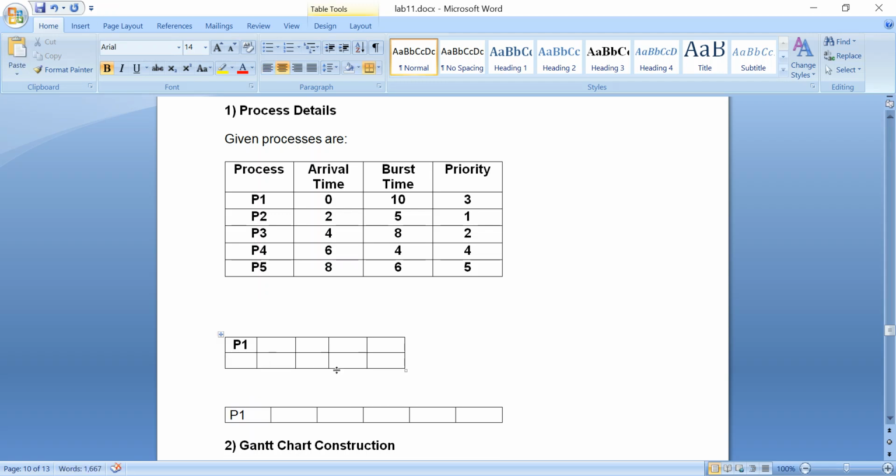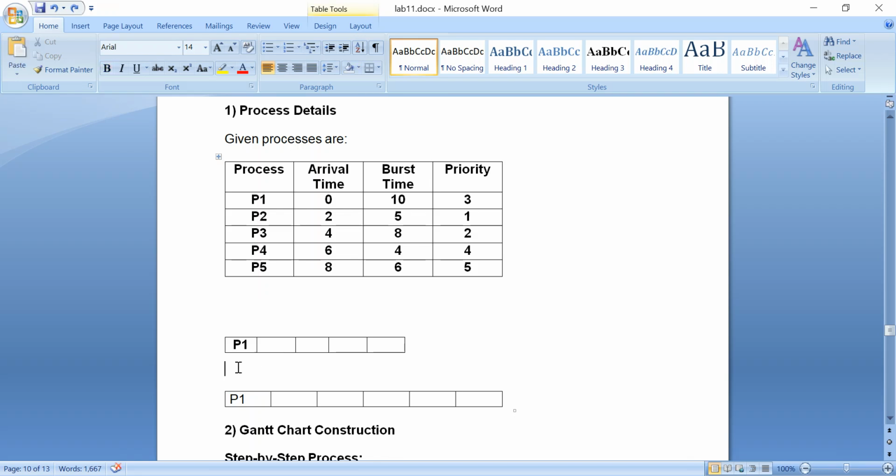It arrives at 0 and takes 10 seconds to execute. Right now we have P1 in the ready queue.